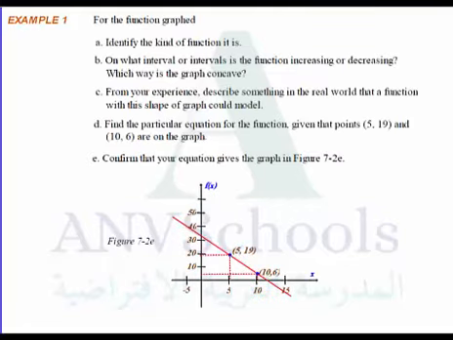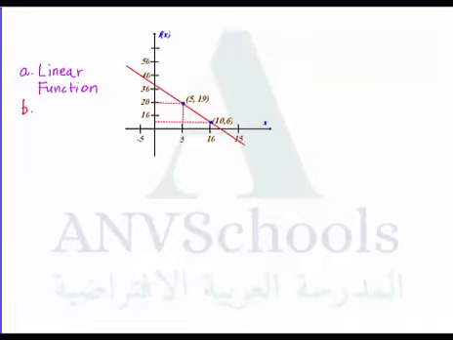On what interval or intervals is the function increasing or decreasing? In which way is the graph concave? So let us examine the graph again. As you can see here, you are actually seeing a line. It's a line segment, but when you put an arrow on both sides, it extends in both directions unlimitedly.